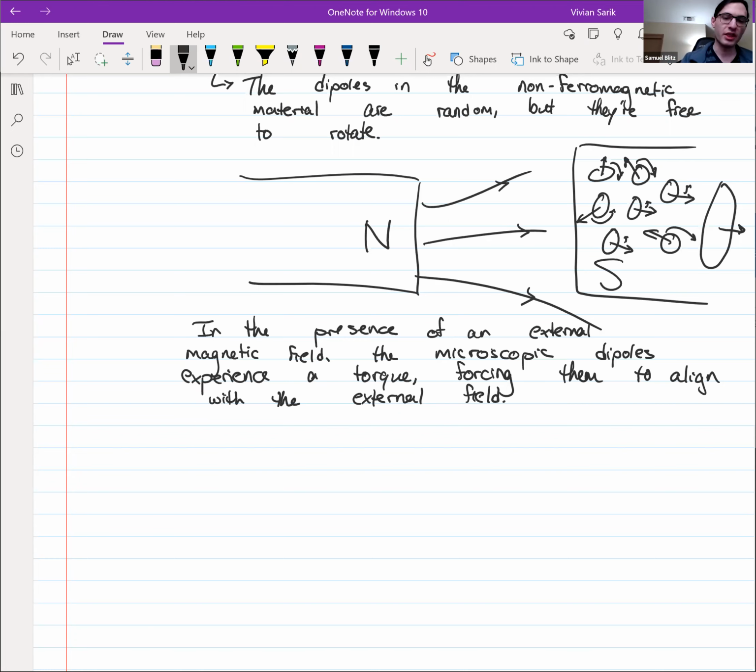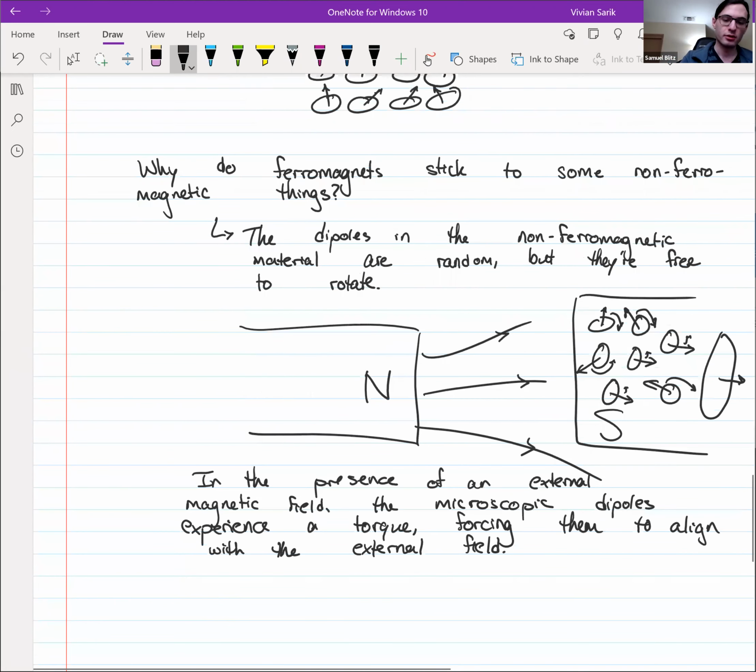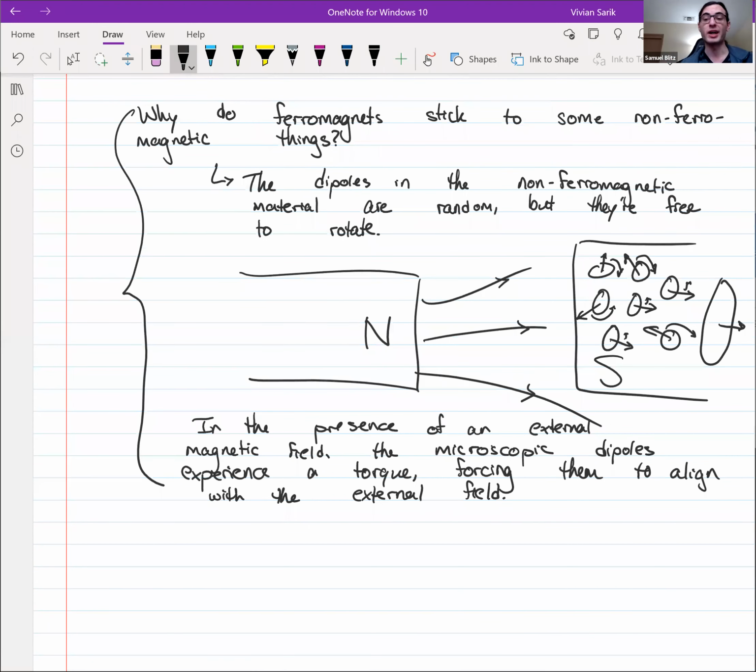So materials that have this property, where the dipoles are free to rotate, have the property of paramagnetism. Not all materials are ferromagnetic, and not all materials are paramagnetic.